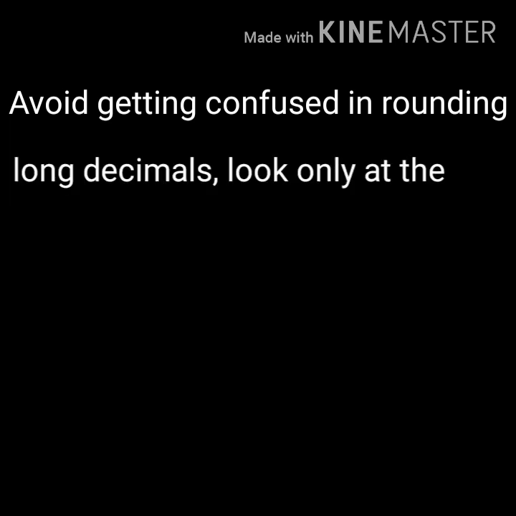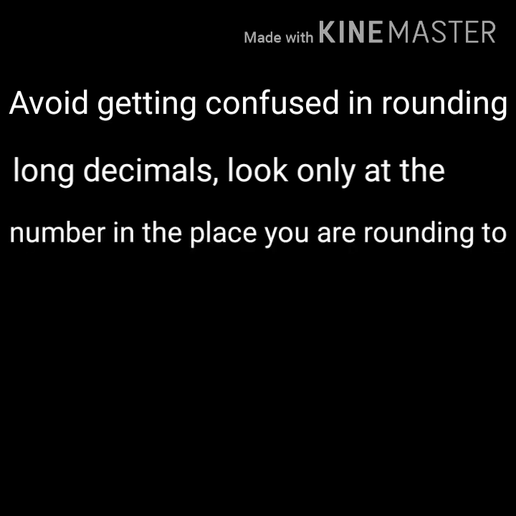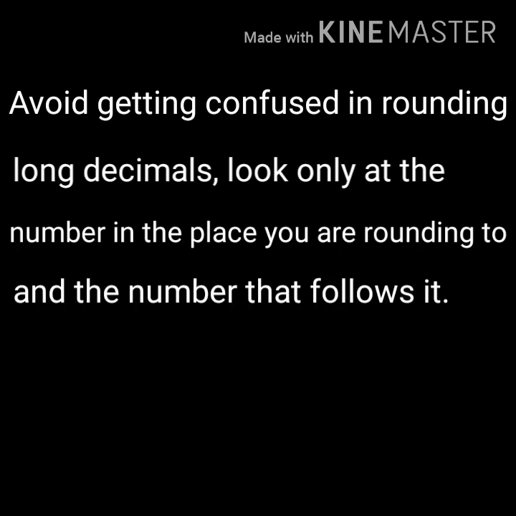It goes on simply the same way which you followed for whole numbers, same thing for your fractions too. Avoid getting confused in rounding of long decimals. Look only at the number in the place you are going to round to and the number that follows it.